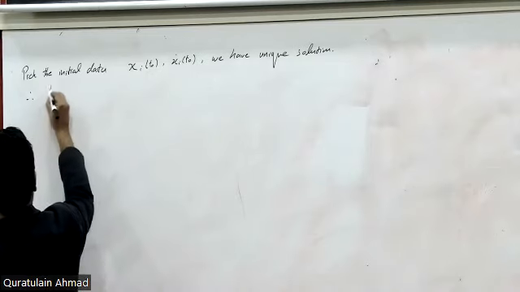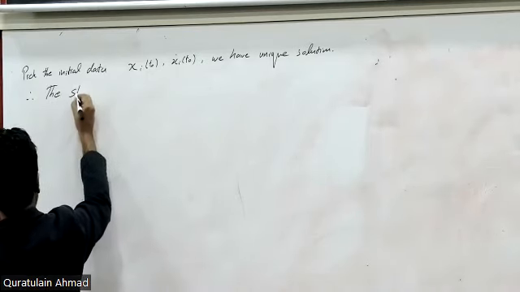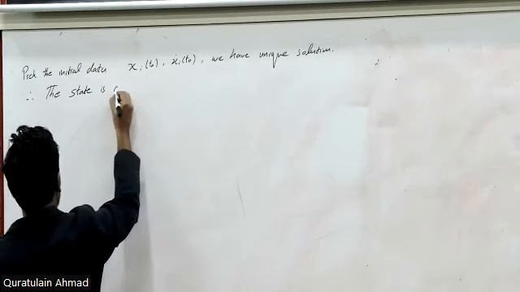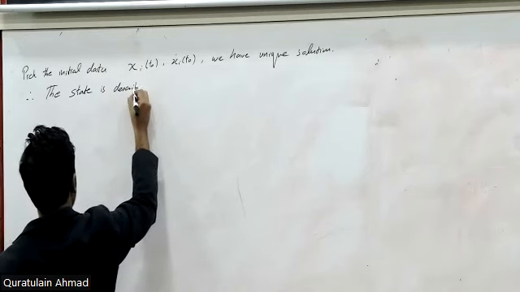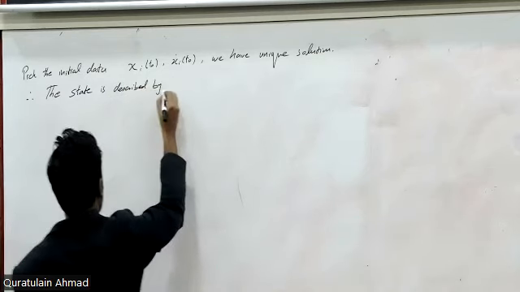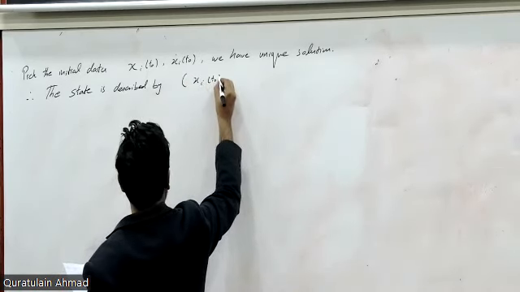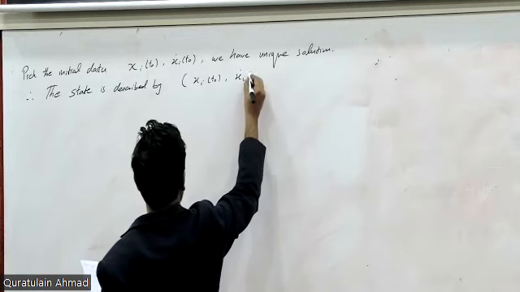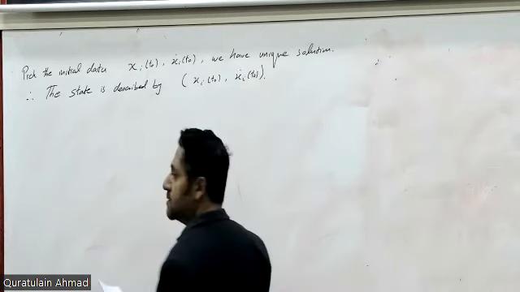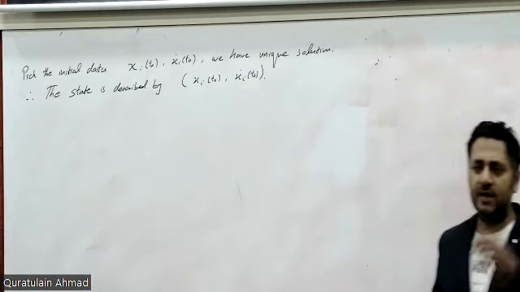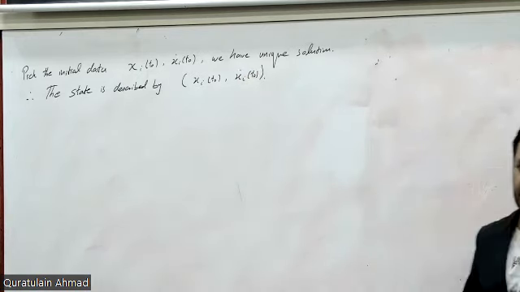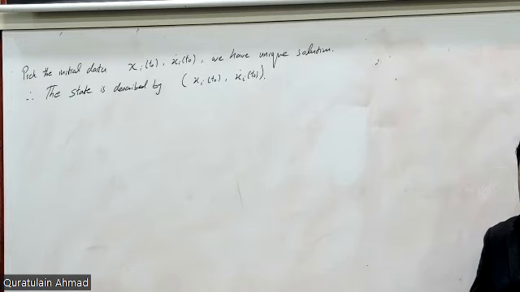Therefore, the state is described by these pairs. Because if you know this at one time, then you know what will happen for all times. So it has all the information about the system. You don't need anything else.